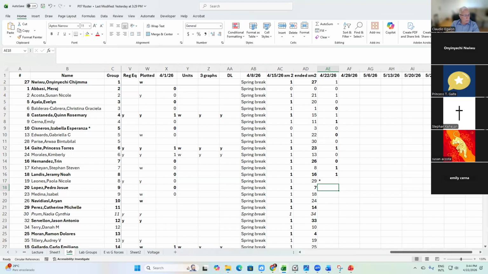Pedro Lopez. I don't see Pedro here. Isabel Medina. I don't see Isabel. Arian Navidius. I don't see Arian. Catherine Perez. I don't see Catherine.